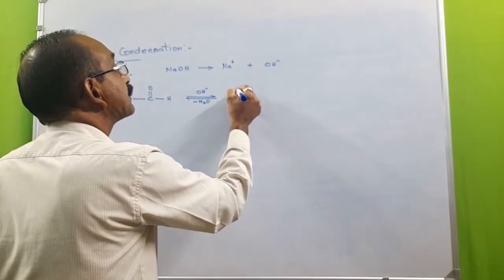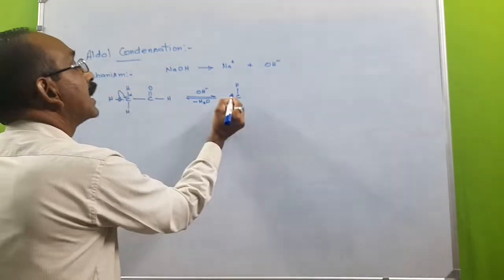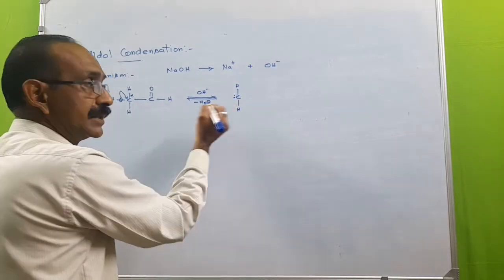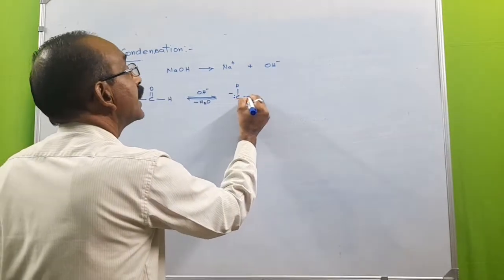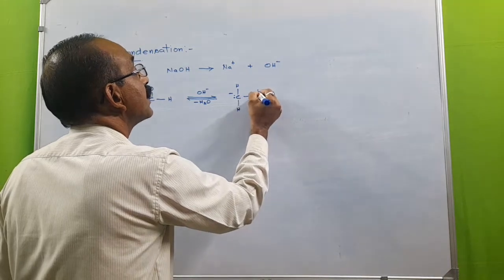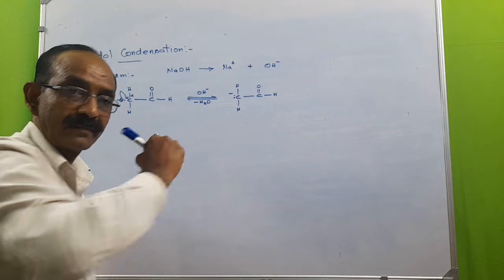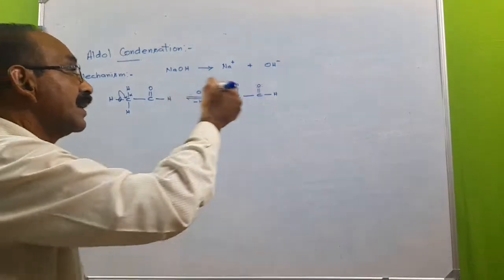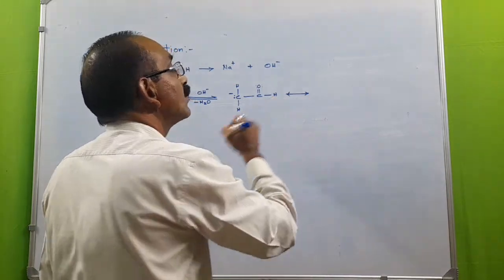Now the remaining species is as the 2 electrons of the C-H bond come over this carbon, this will become negatively charged, and here it is C double bond O and H. See, this particular ion is called enolate ion.